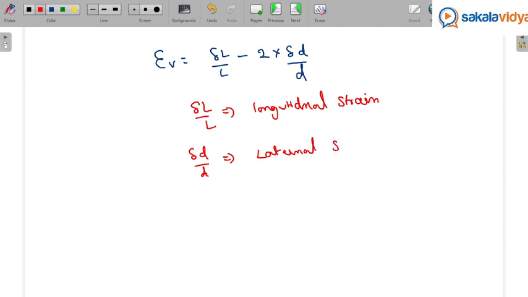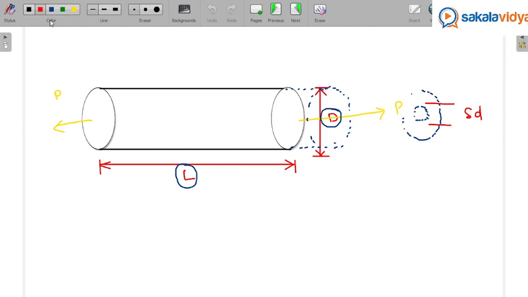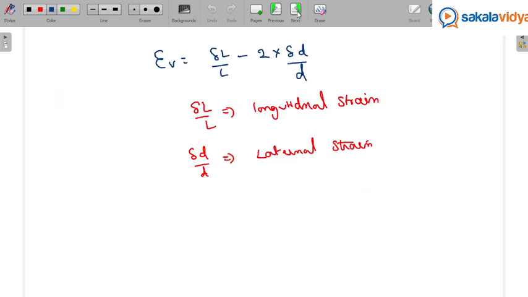So the formula to calculate the volumetric strain for the circular rod is delta L by L minus 2 times of delta D by D.